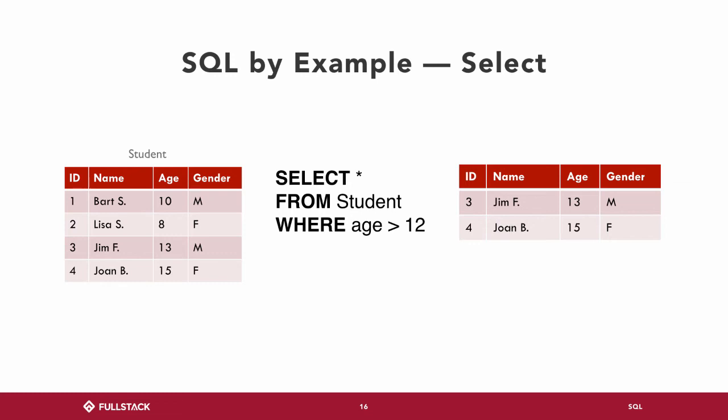So in the real world, I think you'd run into this more as a students table. But one of the things you could do is query that students table, and this is basically going to get every column from the students table, but there's a restriction on it. There's a where clause on it. And the where is, hey, look, we're only interested in those students with an age that's greater than 12, right? So this would only get students Jim and Joan.